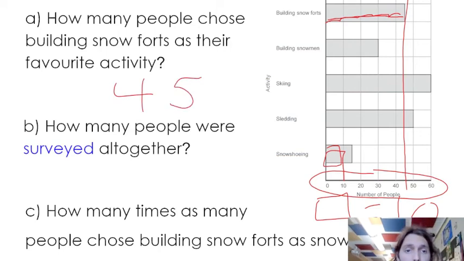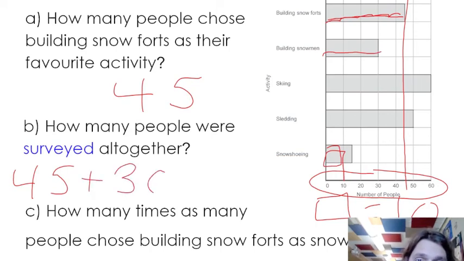So how many people were surveyed all together? So now we got to count up each one. So we have 45 people that like building snow forts, 45. We have 1, 2, 3, so 30 people who like building snowmen.